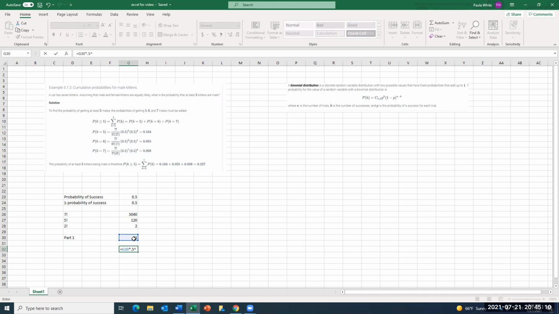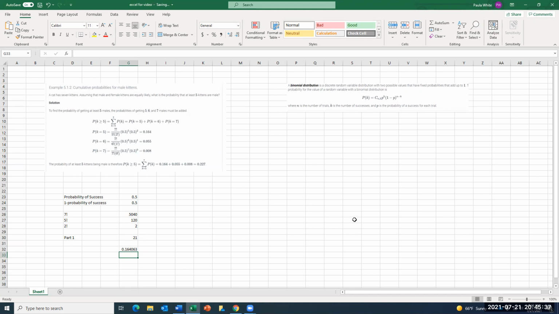And notice that my caret sign is the symbol for an exponent. And I'm going to multiply that by 0.5, the probability of a non-success, raised to the power of 2. So caret 2. And I'm going to hit enter. And I see that the answer to that is 0.164, which is exactly the answer provided by the book.